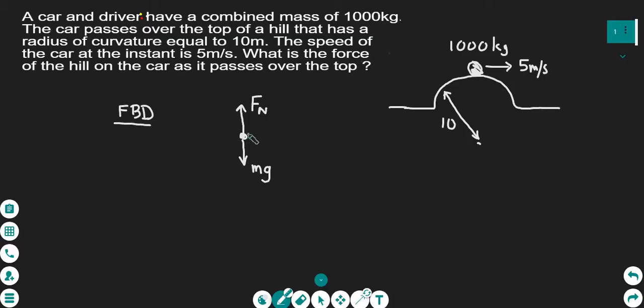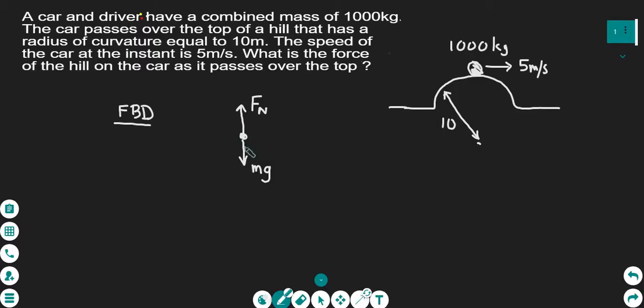So if you look at the car plus the driver, this is the free body diagram for the car plus the driver. The weight is acting vertically down, and the hill is exerting a force upward on the car and the driver, and that's called the normal force or the reaction force. So this is the free body diagram.